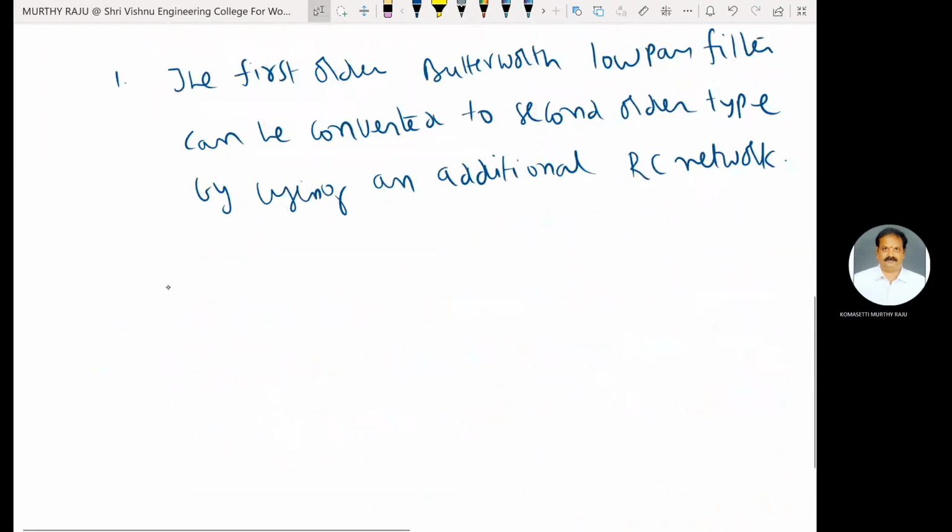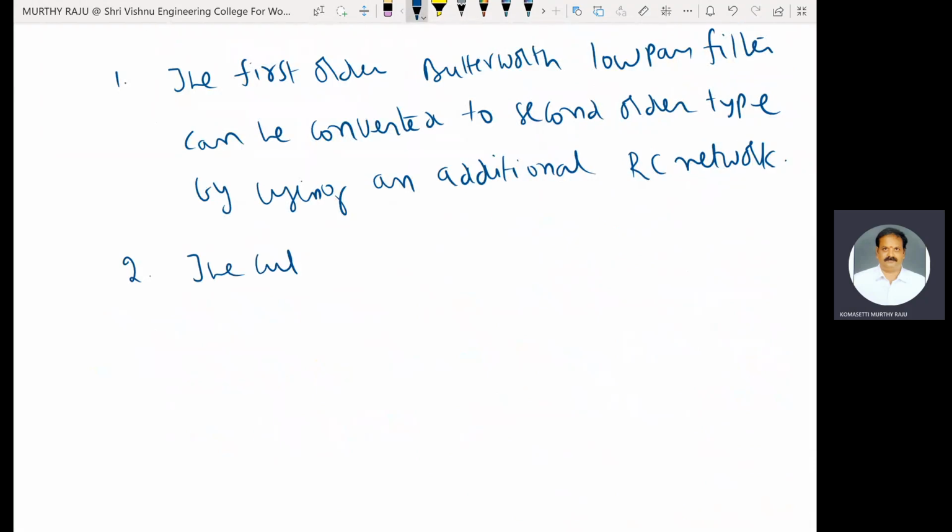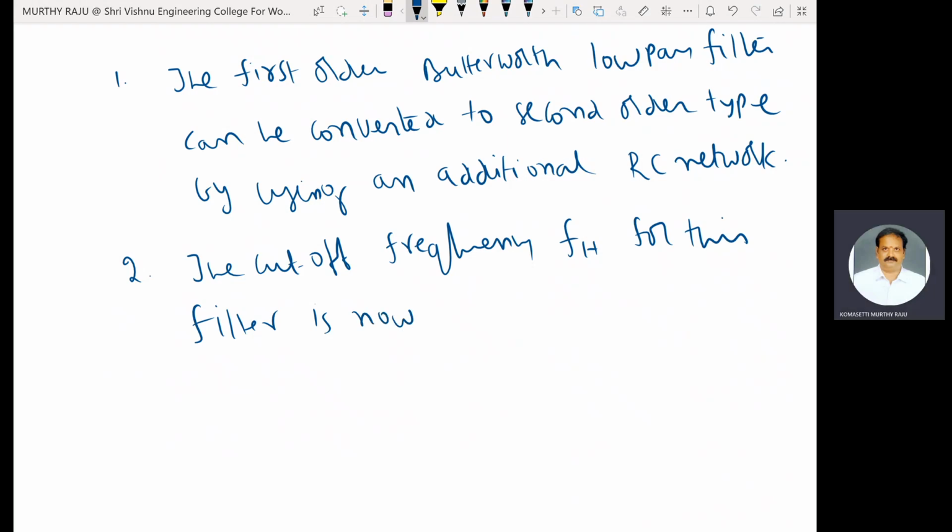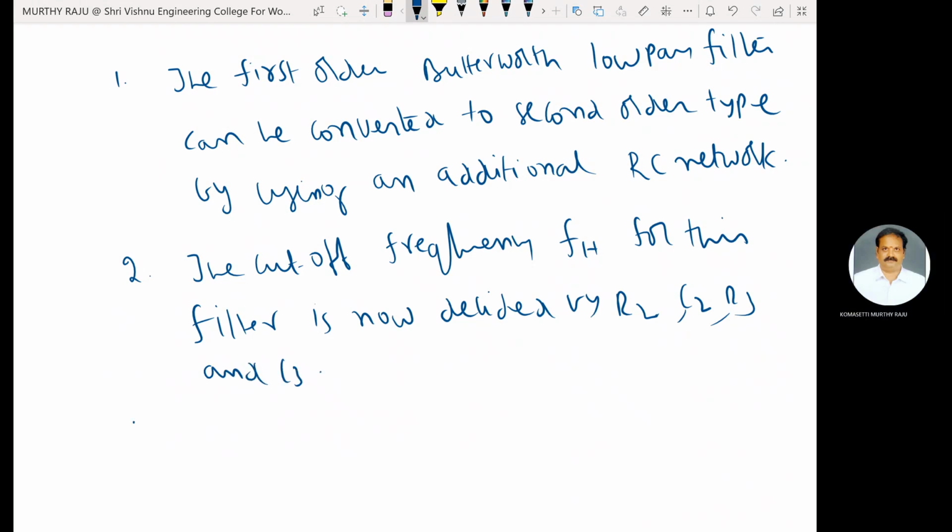The second point is the cutoff frequency fH for this filter is now decided by R2 C2 R3 and C3. One more important point is the gain of the op amp in non-inverting configuration of that second order Butterworth filter is 1 plus RF by R1.